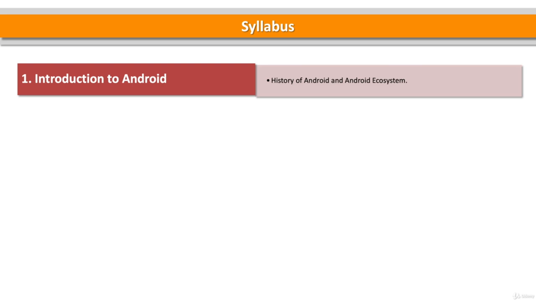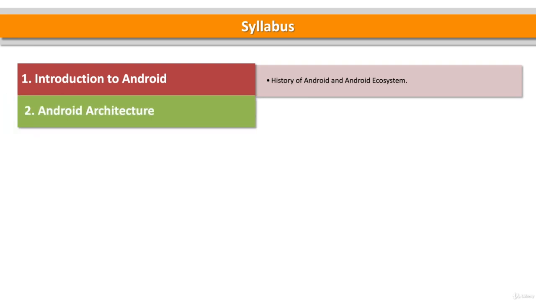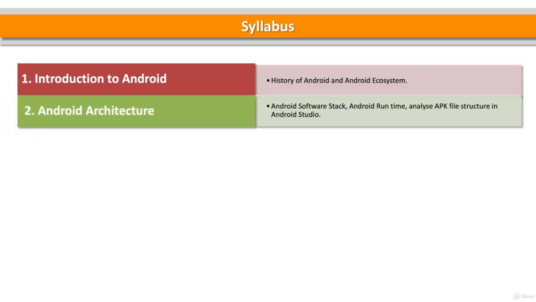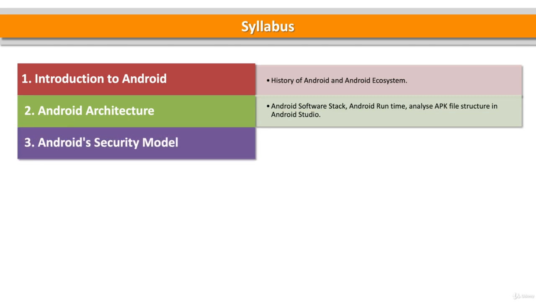I'll introduce you to Android, so in this section you'll get to know the history of Android and the Android ecosystem. In Android architecture, you will learn the Android software stack, Android runtime, and how to analyze APK file structure in Android Studio. Android security model.